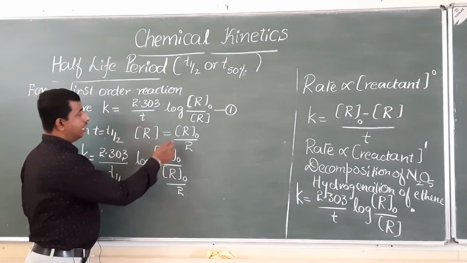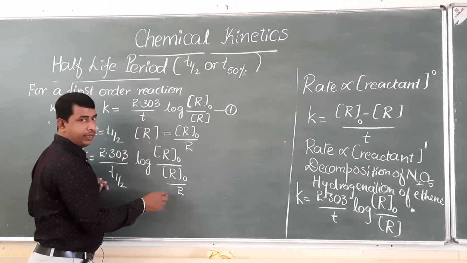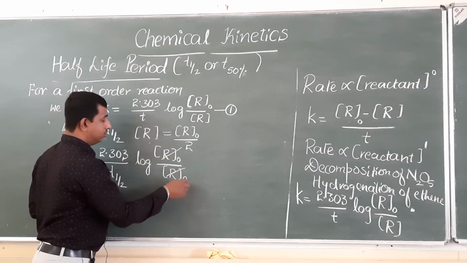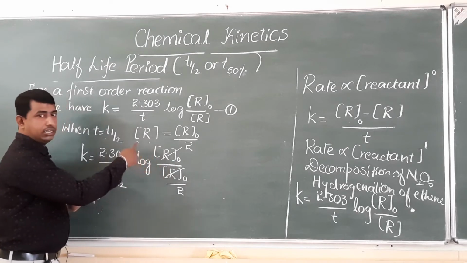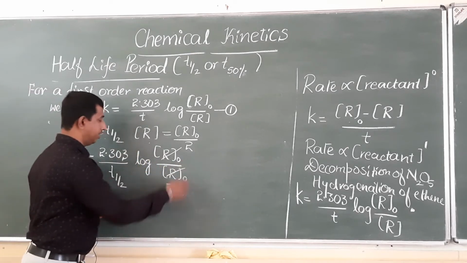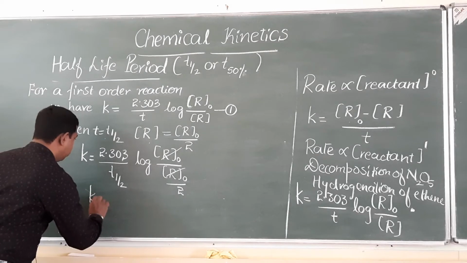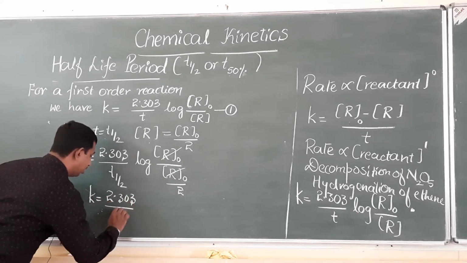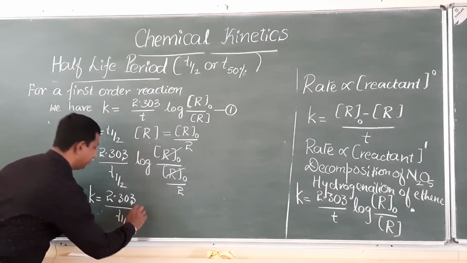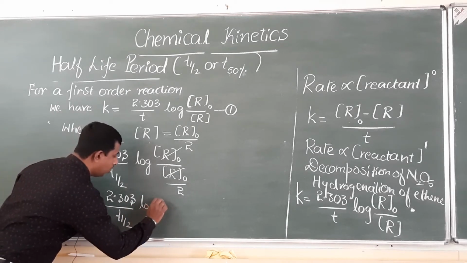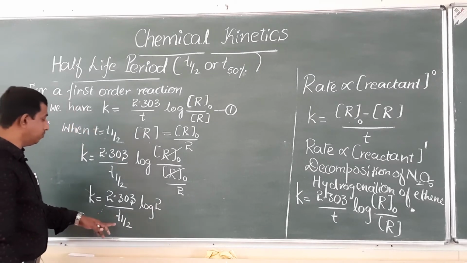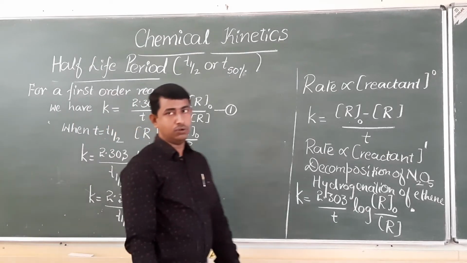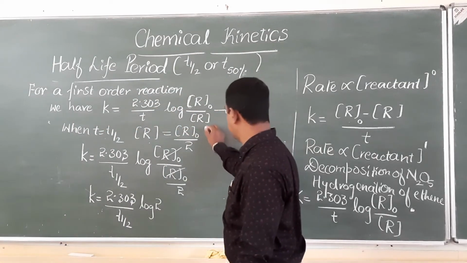So R naught divided by R naught by 2: R naught cancels out, and the 2 goes to the numerator. So K equals 2.303 by T half, log 2. What is the value of log 2? The value of log 2 is 0.301.